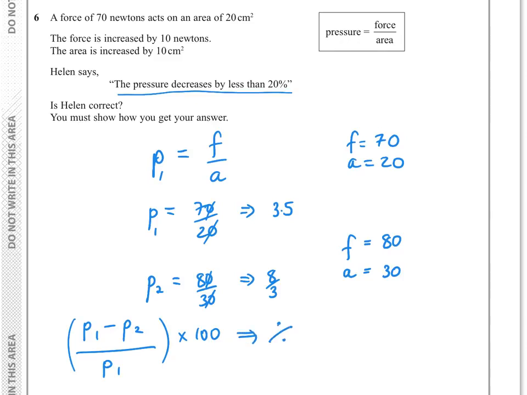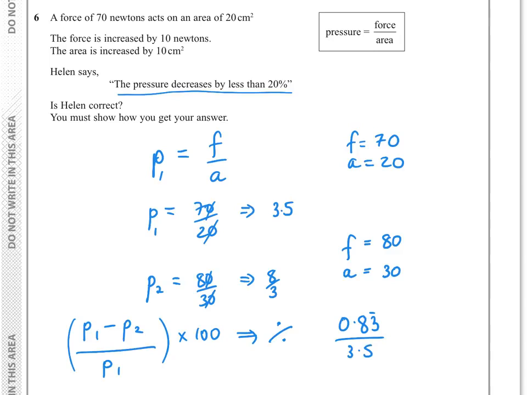And if that's negative or positive, it doesn't matter, because I'm just looking for the net change. So I'm going to put in the numbers here. I'm going to do 3.5 minus 8/3, which is just 8 divided by 3. And that gives me 0.83 recurring over P1, which is 3.5.